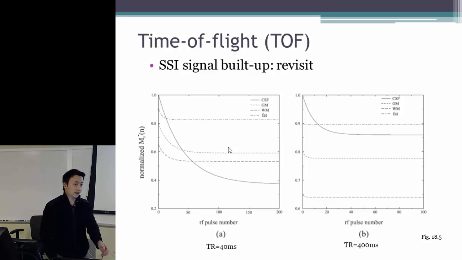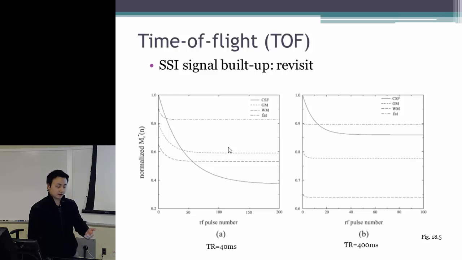As we saw before, in the steady state incoherent, as in a spoiled gradient echo sequence, the long T1 tissue, like the blood, will have a lower steady state signal than the other tissues, right? So that means if we collect the data in a steady state, we'll be observing a lower blood signal, right?